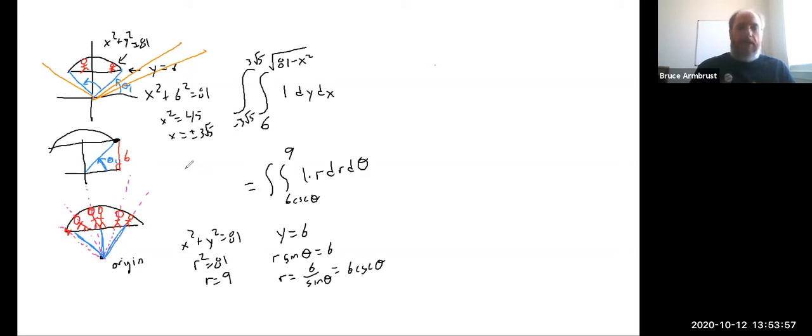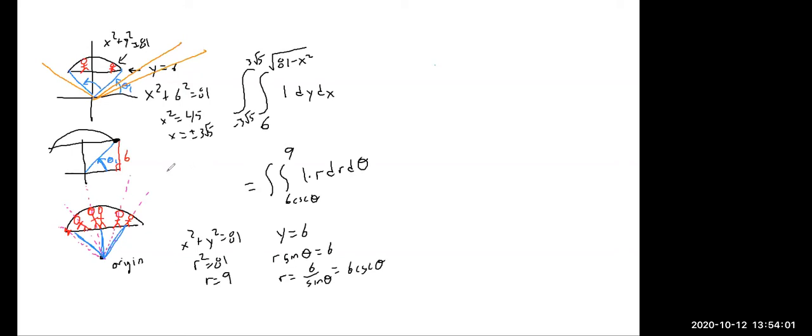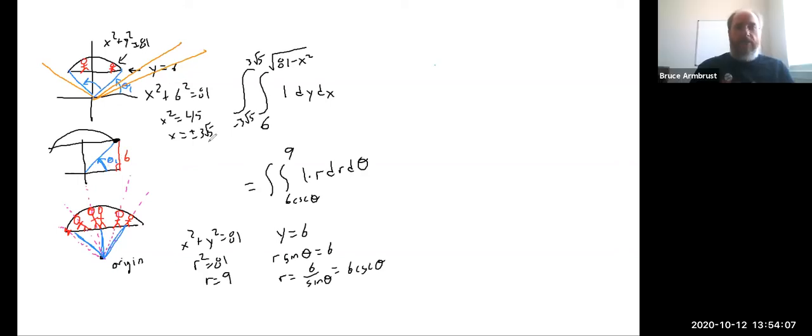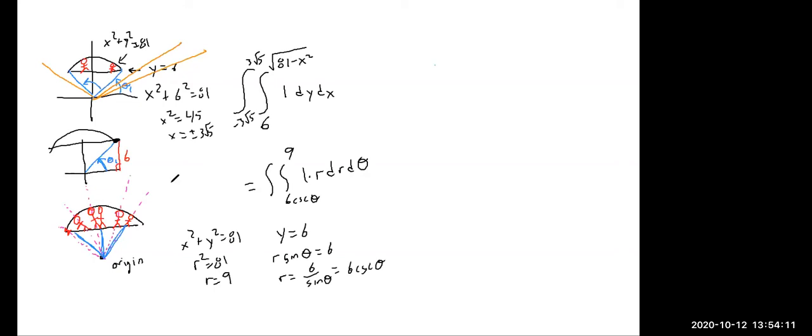Can you tell me anything else about it? We can find x, and in fact we did. It's 3 root 5.